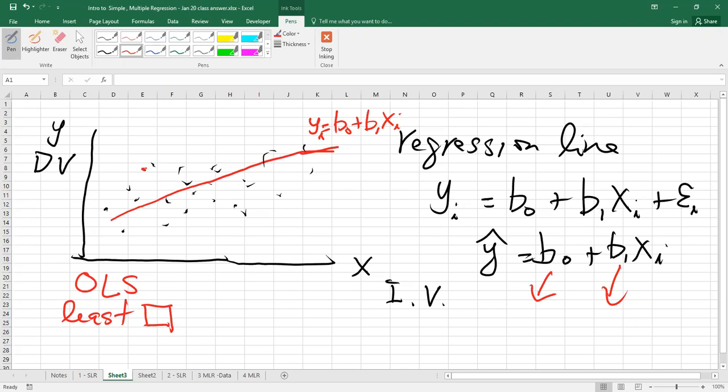Yung iba, guys, ibang point siguro nasa line mismo. Yung iba medyo malayo, yung iba malapit. Okay? So those are your residuals. Now, kung sinum up natin yung residuals na yan, if you sum that up, okay, what value will you get?